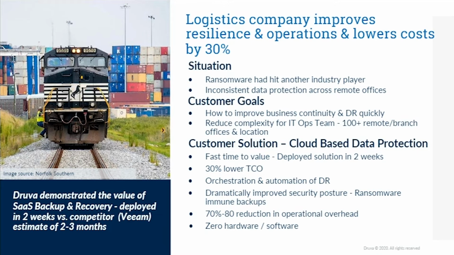Number two, they had inconsistent data protection across the remote offices, and they had over 100 remote offices. And so their goals were, how can we improve our business continuity capabilities and our DR capabilities quickly, and how can we do this in a way that reduces complexity for the IT ops team?